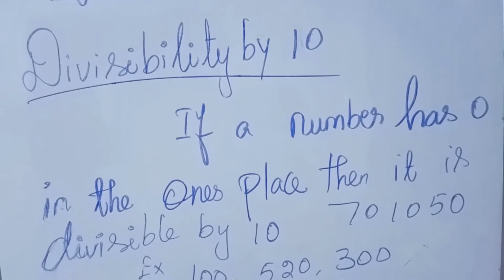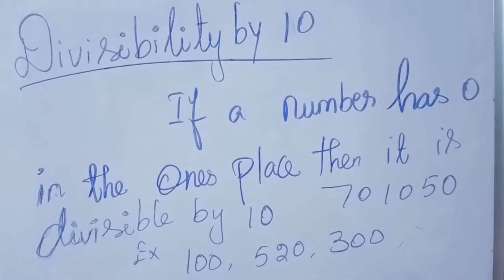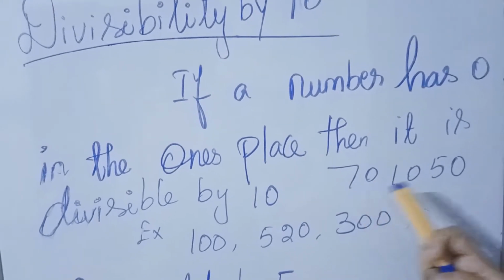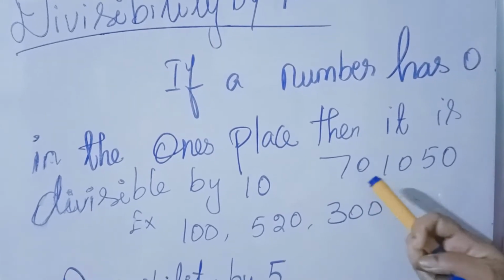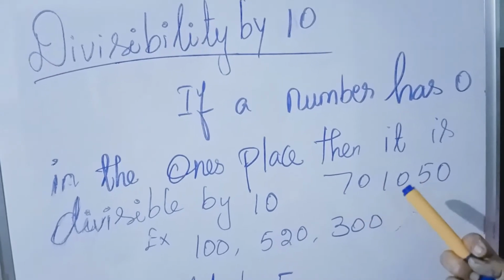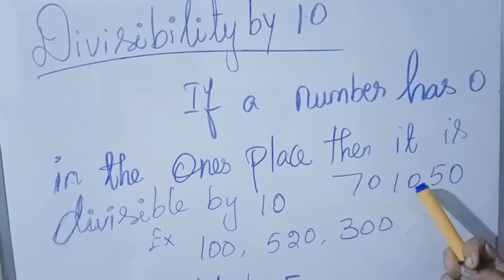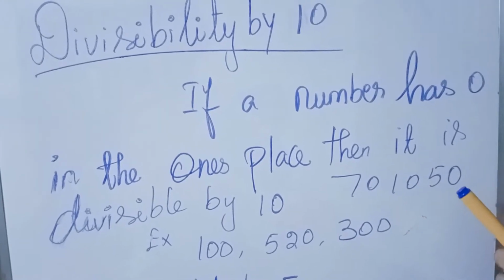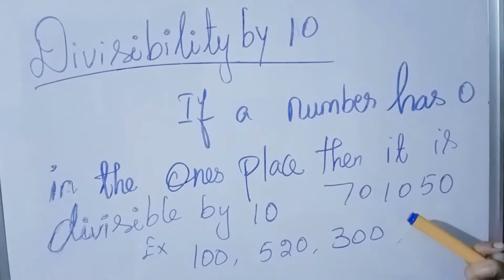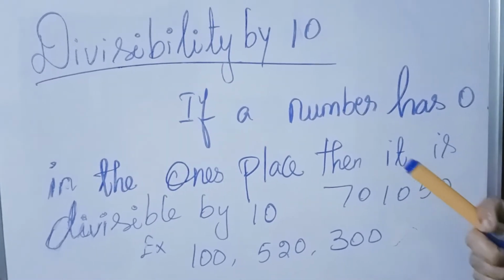Now we are going to check what the rule for divisibility by 10 is. Suppose some large number is there, for example 7,01,050. Is this divisible by 10? How do you find out? It is difficult. For that we can use this rule.